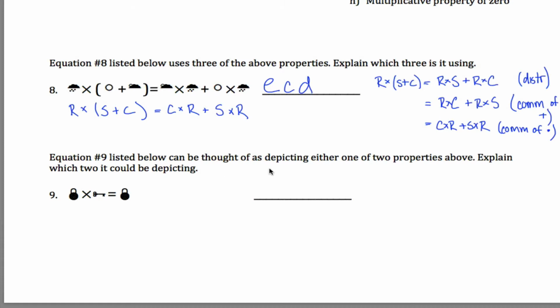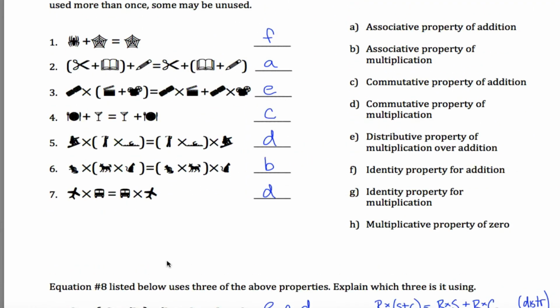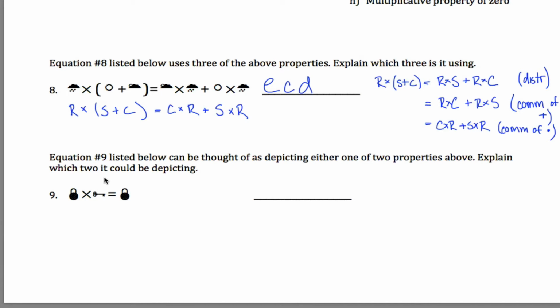Equation 9 here can be thought of depicting one of two properties above. That's pretty tricky. I got lock times key equals lock, which I did not see up here, I don't believe. So a couple ways you can think about this. You can say that there is some special element out there, key, and when you multiply it by anything else, lock or something else, it leaves that lock alone.